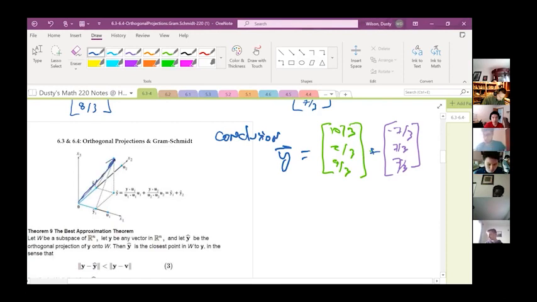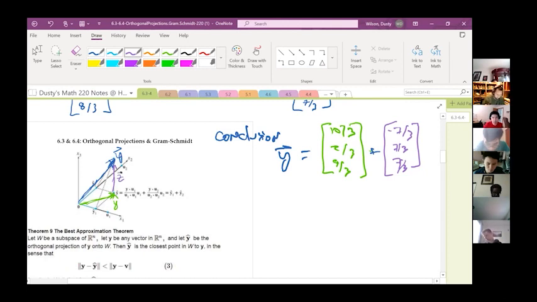So there's your y vector. And your green y hat vector would be here. And your purple z vector would be there.